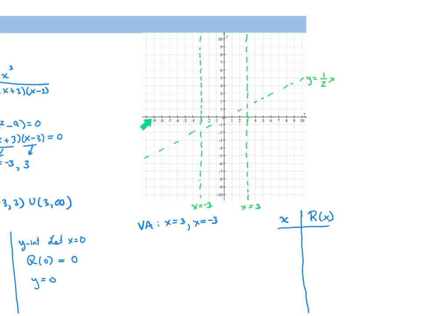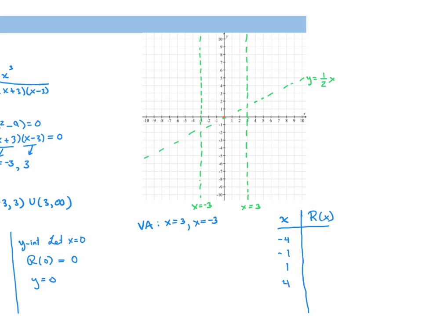We need a value to the left of -3. So let's choose -4. Then we need a value between -3 and 0. We can choose -1. Then between 0 and 3, we can likewise choose 1. And then to the right of 3, we can choose 4.